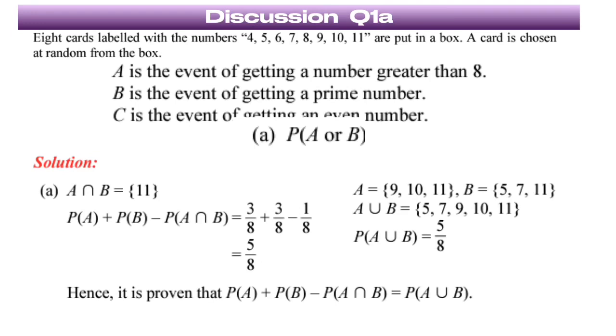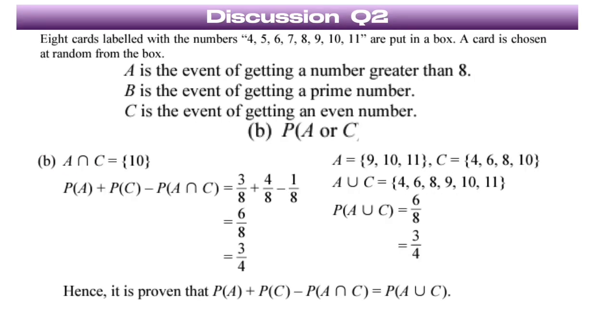If we use the formula, probability of event A or B, A union B, is equal to P(A) plus P(B) minus P(A intersect B). So the answer is 3 over 8 plus 3 over 8 minus 1 over 8, which is 5 over 8. Hence, probability of event A plus probability of event B minus probability of A intersect with B is equal to the probability of A or B, or we can call it probability of A union B.